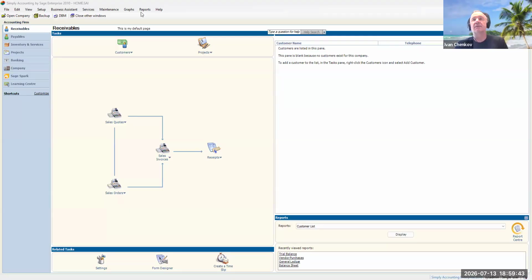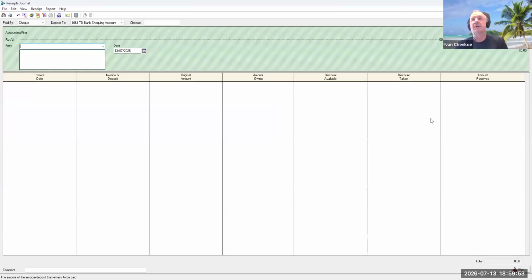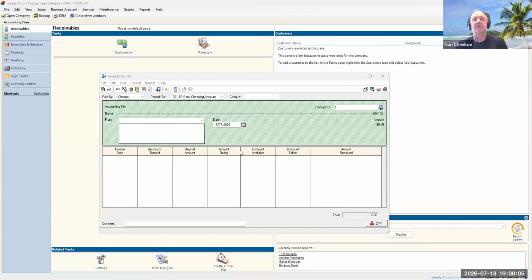Once you're done entering the sales, you might collect the cash from the sales. When you collect the cash, you're going to open the receipt journal and start clearing the cash that you have collected. As you can see, that receipt journal does only debit cash, credit accounts receivable, no other transactions.